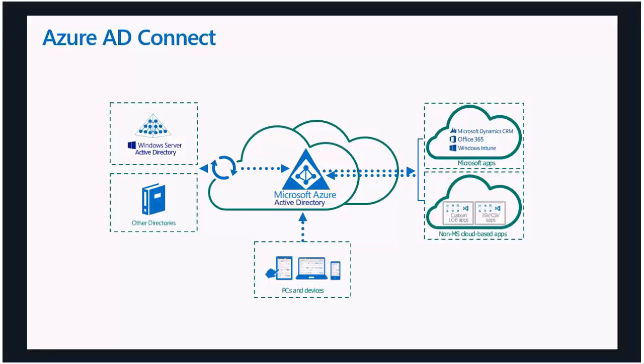Now, the other thing that we're also getting here, which we'll cover in a future webinar, is the idea that we can now start managing our PCs and our devices because we've moved the identity management and a lot of the power and functionality into the cloud, which means as long as the devices have access to the internet, which most devices do these days, they can then be controlled and managed much better through Azure AD.